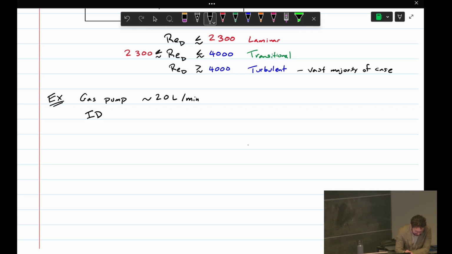The tubing, we'll assume it has an internal diameter of 3/4 inches. And I'll give you the kinematic viscosity of gas, which is about 5 times 10 to the minus 7 meters squared per second. Your goal is to estimate whether this is laminar or turbulent.